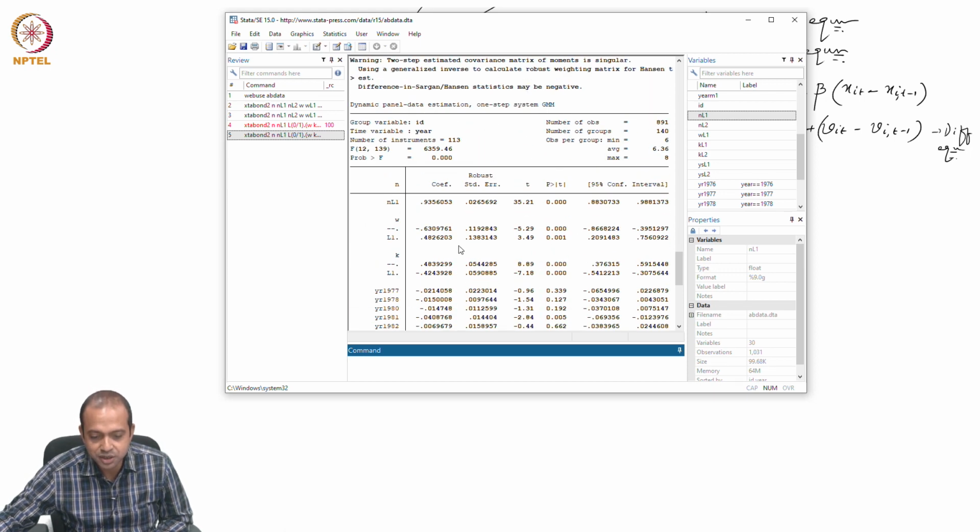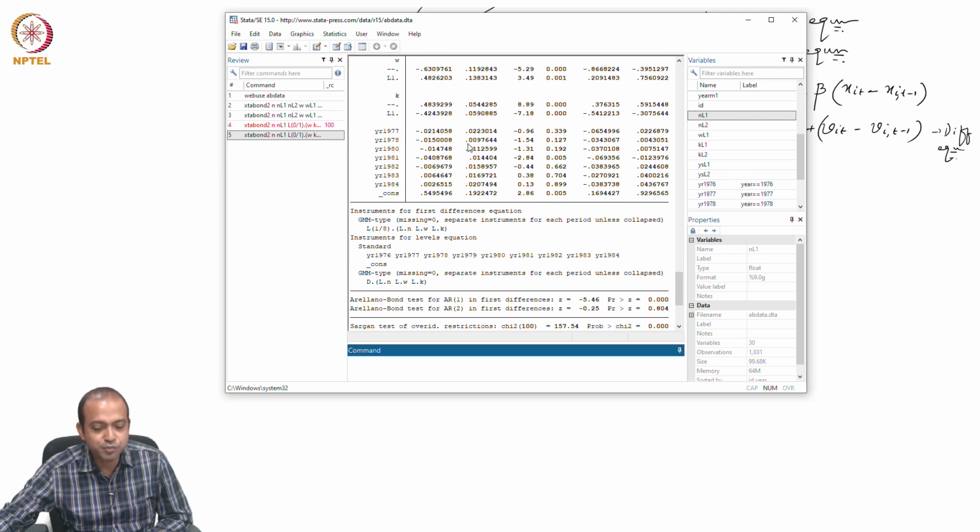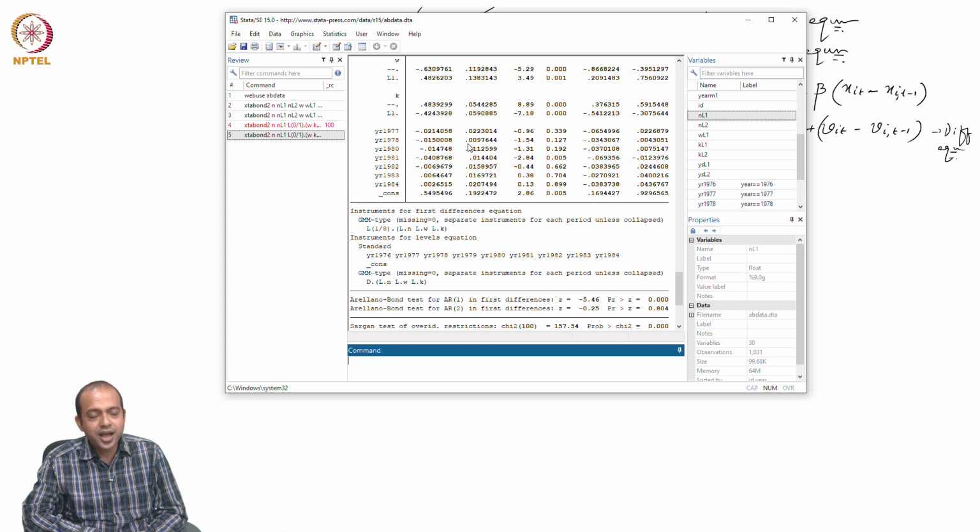How many instruments? There are 113 instruments. So, the Sargan test becomes weak when you have 113 instruments. And if that is the case, then what is the alternative?